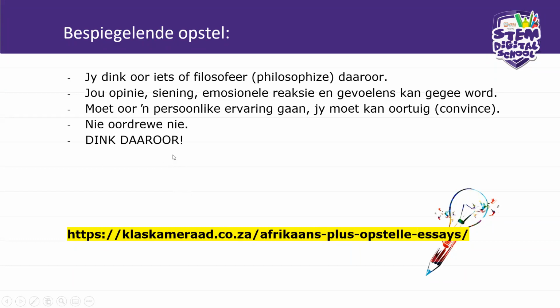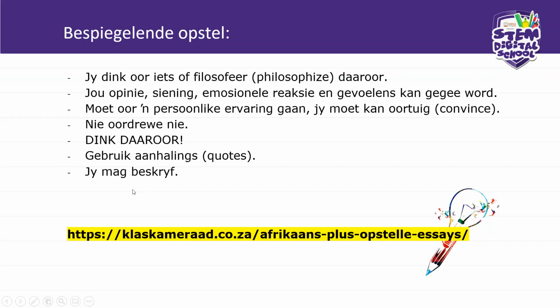So therefore you must think about it and use quotes. For instance, if you want to philosophize about something, you can maybe use quotes from Albert Einstein or something like that, because you want to convince the reader about what you think and your opinion is. That's the key. You have to convince the reader that you and your opinion are correct. Jy mag beskryf.